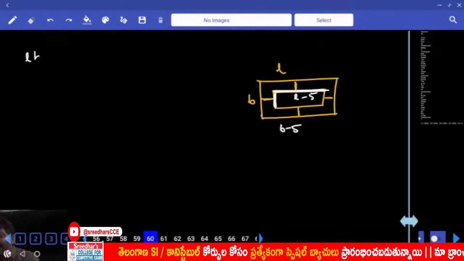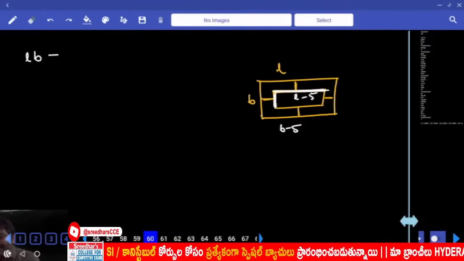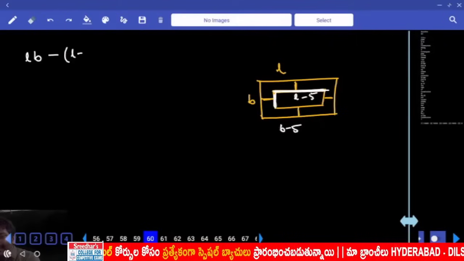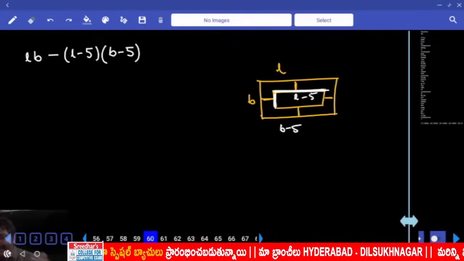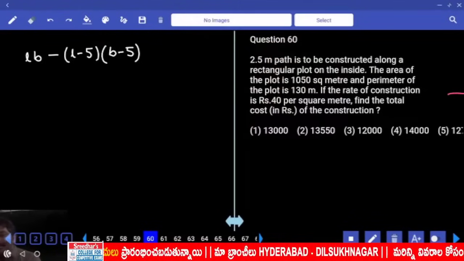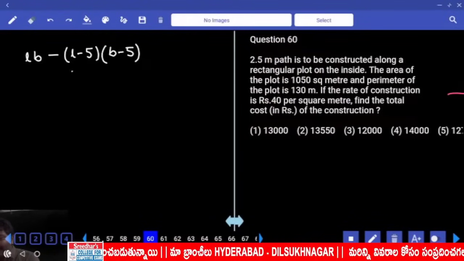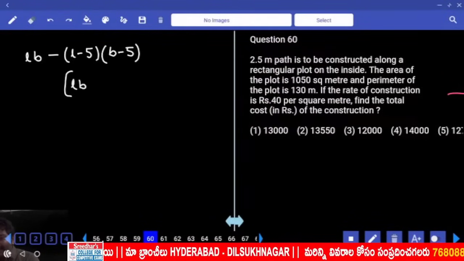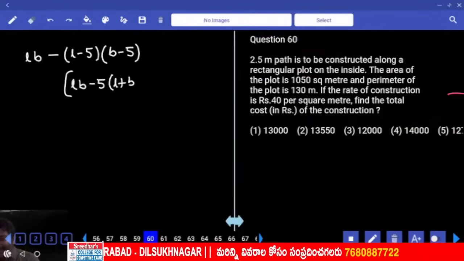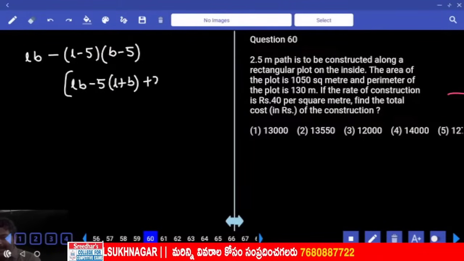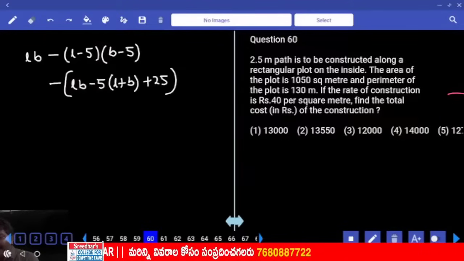Outer rectangle area LB minus inner rectangle area L minus 5 into B minus 5. Is that okay? Right. So when you expand this, you get LB minus LB plus 5 times of L plus B minus 25. Got it?